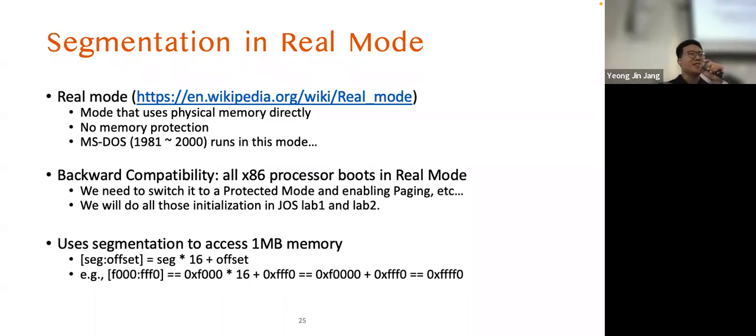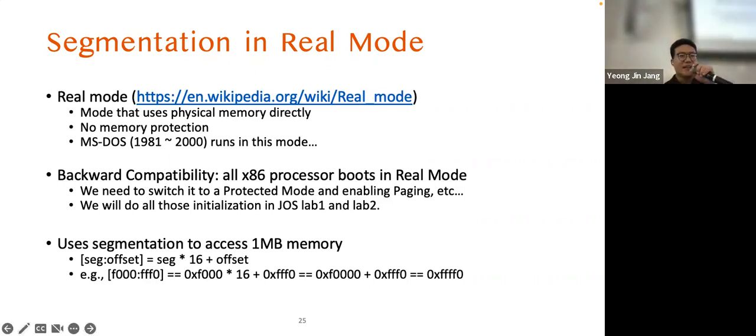Even in the MS-DOS era, in the 1990s, they might need at least 4 megabytes of memory to run the game Doom. So real mode was not enough for general purpose use, and they added other modes, the so-called protected mode and long mode. So later we called the original one real mode.